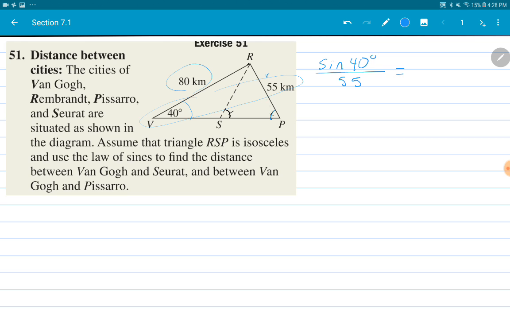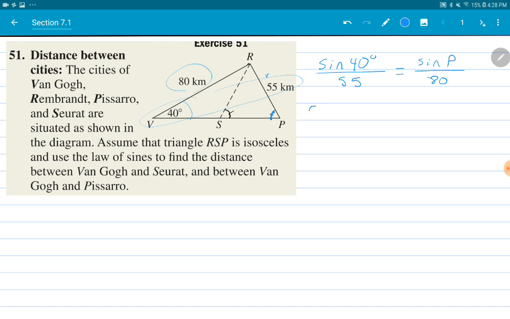It's the only side we have. So to find P, we can use that 80. So we get sine of whatever angle P is to 80. Okay, so that sine is always going to give us an acute angle, so that will give us that angle right there.